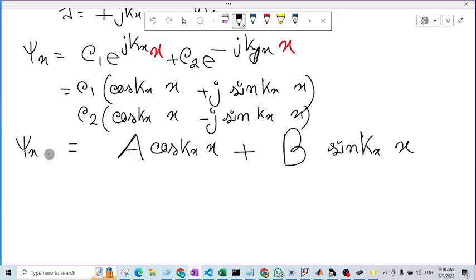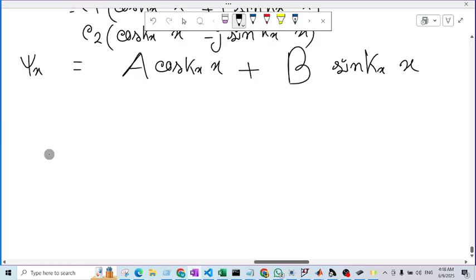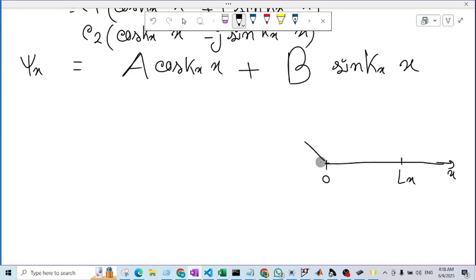Okay, so what we got previously, that from 0 to Lx, here psi x is equal to... oh wait, one minute, I haven't told you one thing. I found that here psi x is equal to 0, right?